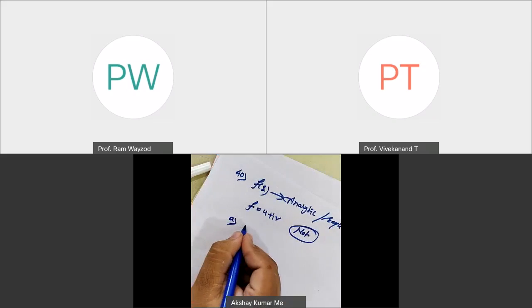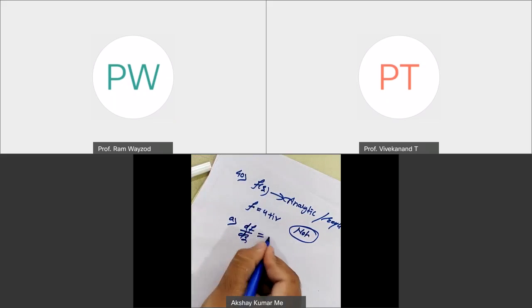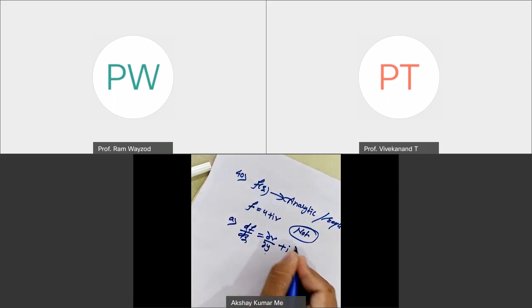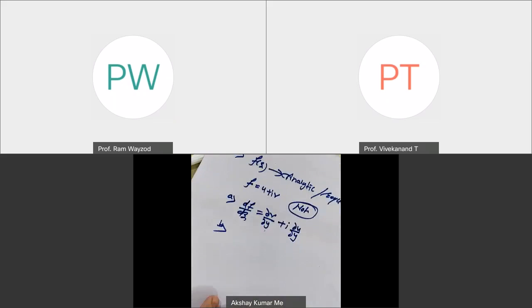So first, df by dz is equal to del v by del y plus i del u by del y. Here we have to use the CR equation. So first we observe all the options and then we decide which are not correct.